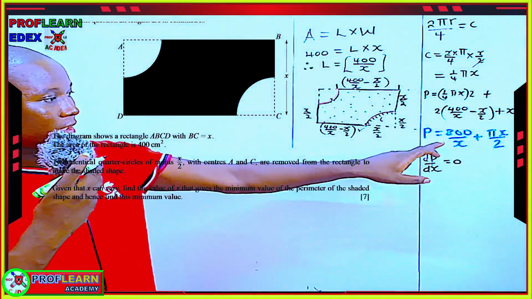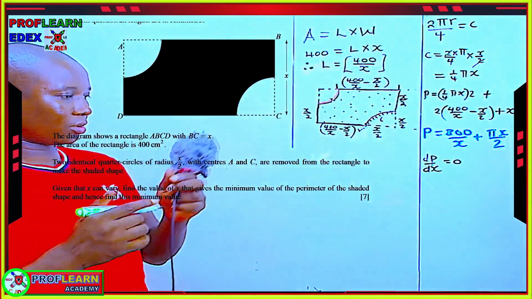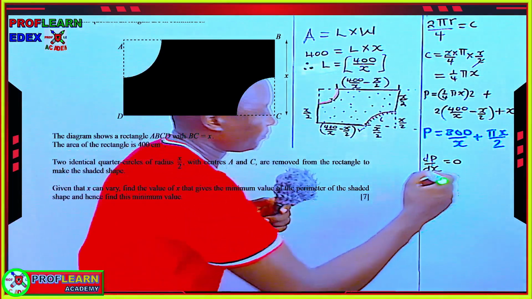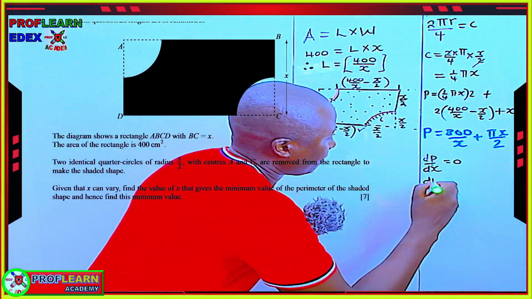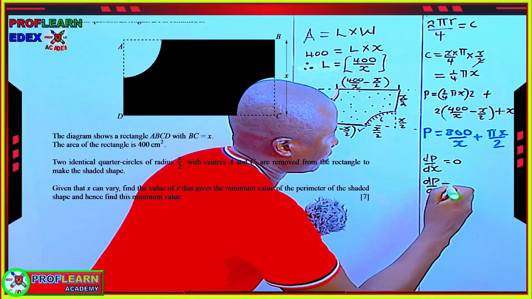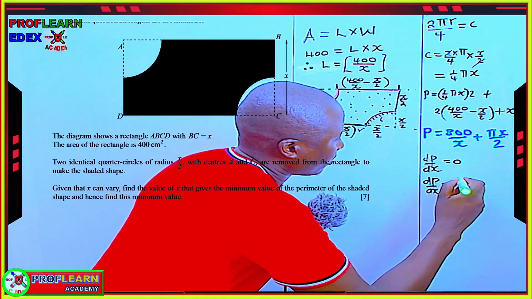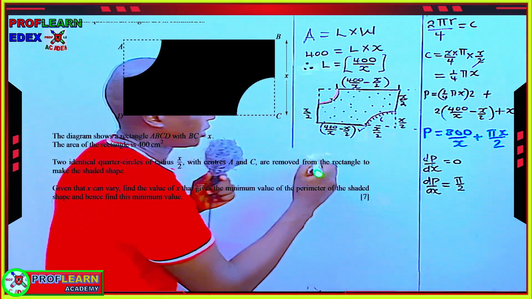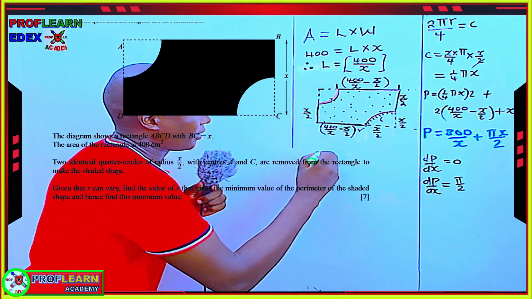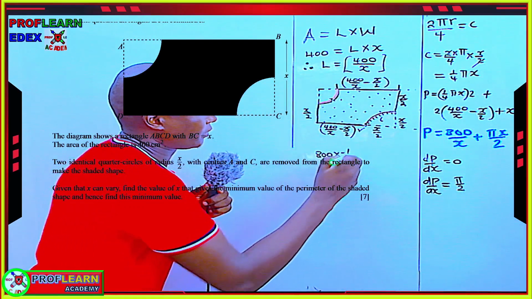If you differentiate this, dp/dx is going to be, differentiating this, we get pi over 2. Differentiating this expression is just like having 800 x to the negative 1.